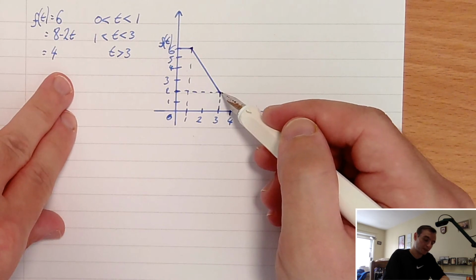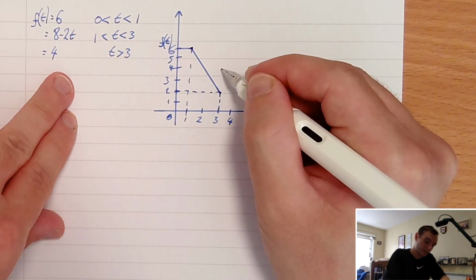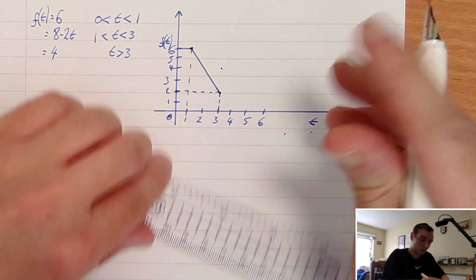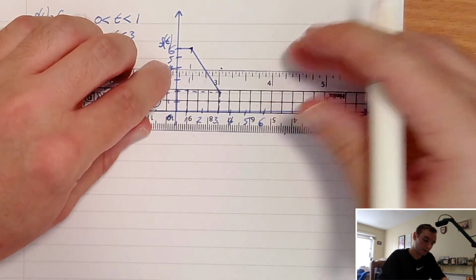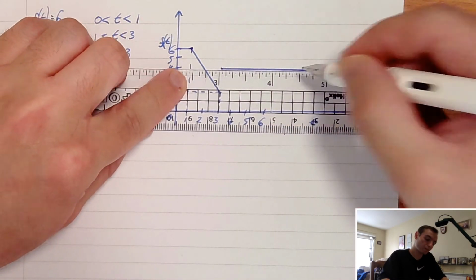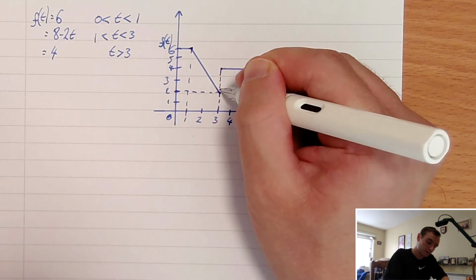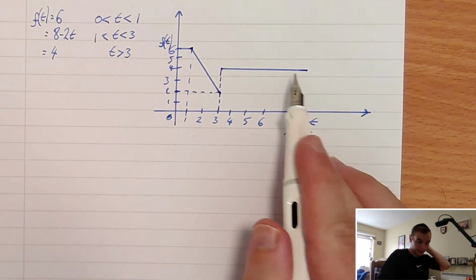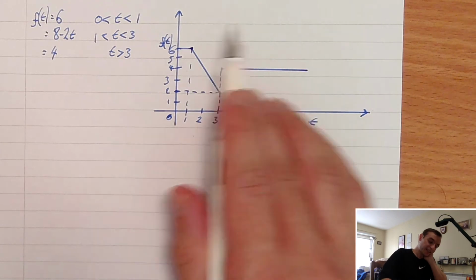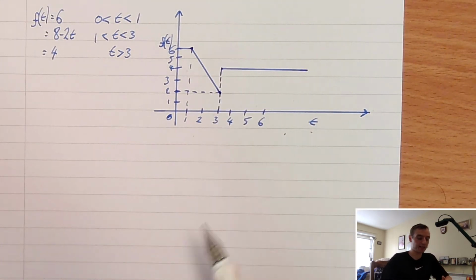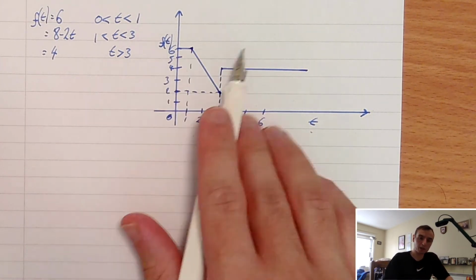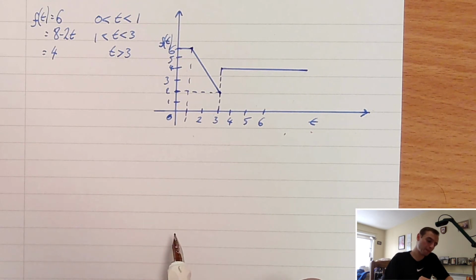So this is a good example of a function that's discontinuous. So it's going to be 4 like that, and that's obviously going to go on to infinity. So this is our function, and the question is, what's the Laplace transform of this discontinuous function?